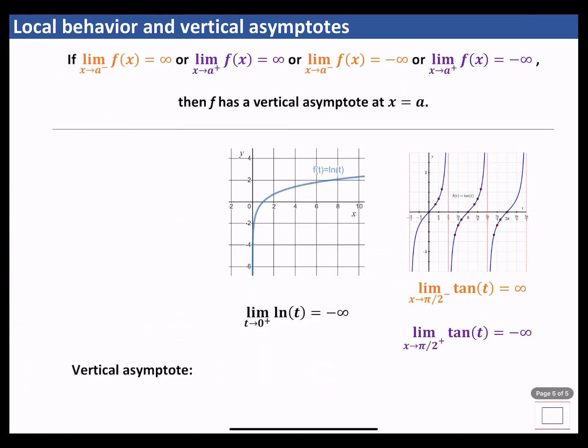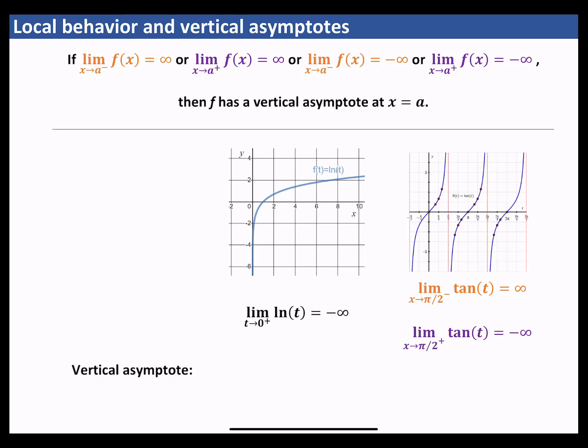In the previous examples, we looked at the behavior of the functions at a specific input value. That is, we used limit notation to describe the function's local behavior. You may have also noticed that every function had a vertical asymptote at the specific input value.